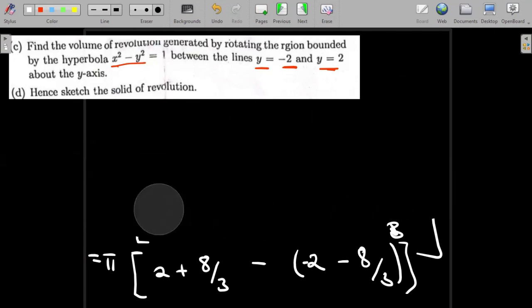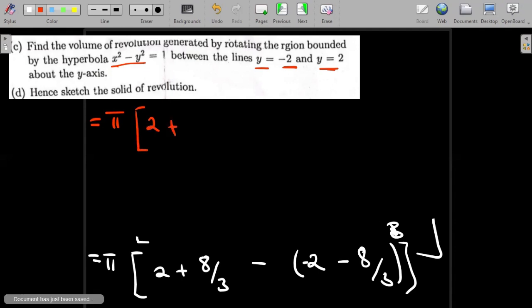That is just going to be equal to pi times 2 plus 2 plus 8 over 3 plus 8 over 3. When you distribute that negative, it gives you positive 2, then positive 8 over 3.